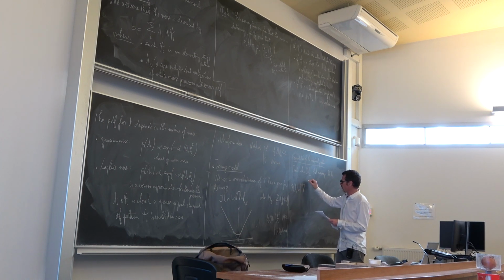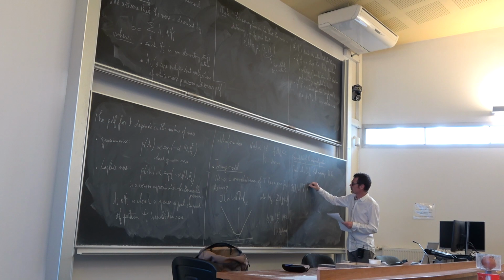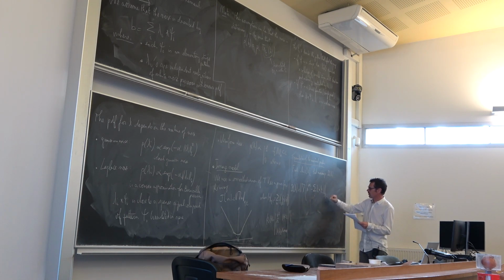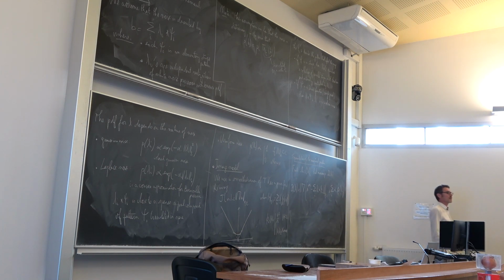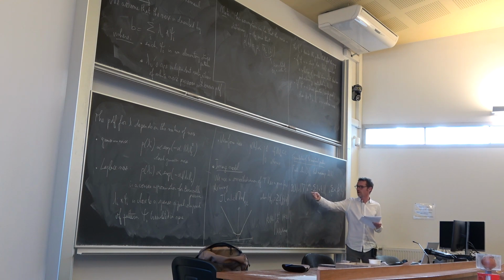So I have the norm of the observation minus the sum over i of lambda_i convolved with psi_i, the norm 1 epsilon, plus my prior, my regularization term on the noise. So this is a problem that we have to solve. So you see that it is convex. It is a convex function of something that depends linearly on lambda. So it is also convex.